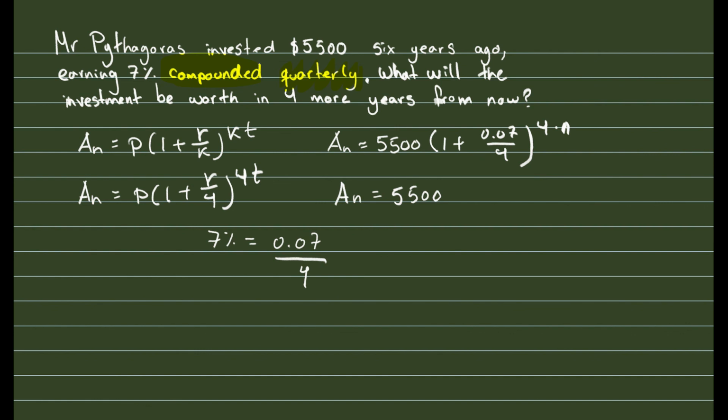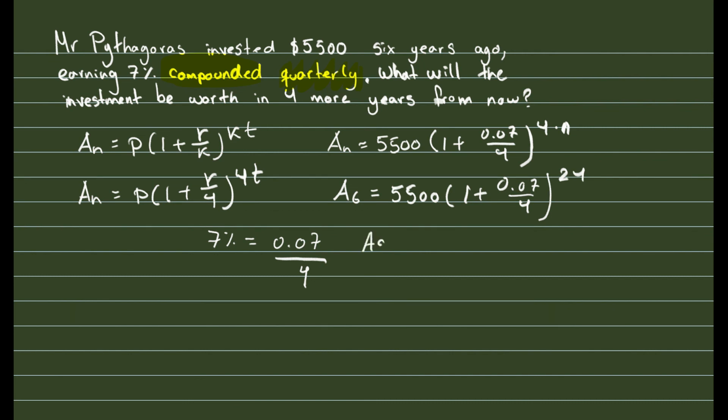If he invested 6 years ago, let's see how much it's worth now. So 6 years after the initial investment: 5,500 times 1 plus 0.07 divided by 4, to the power 4 times 6, which is 24.